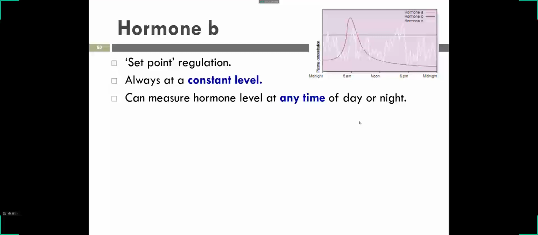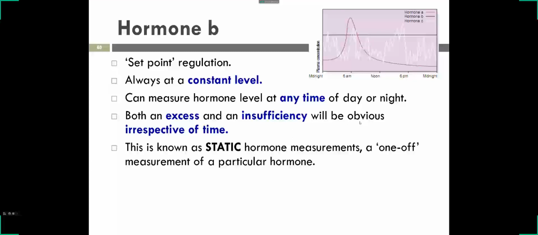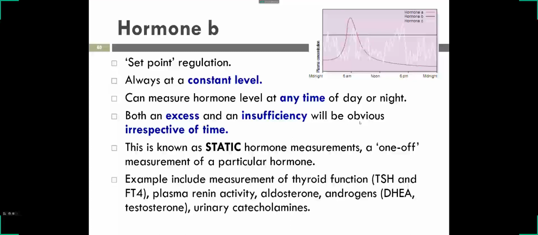So these are the easiest hormones for the doctors to measure, typically, and are very telling if something is up or down. You know right away something is wrong with your patient because it's obvious. So an excess or an insufficiency is obvious irrespective of the time of day. These are known as static hormone measurements. A one-off measurement of a particular hormone will tell the doctor very quickly what's going on.